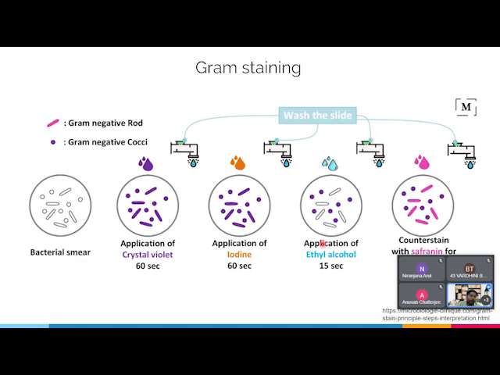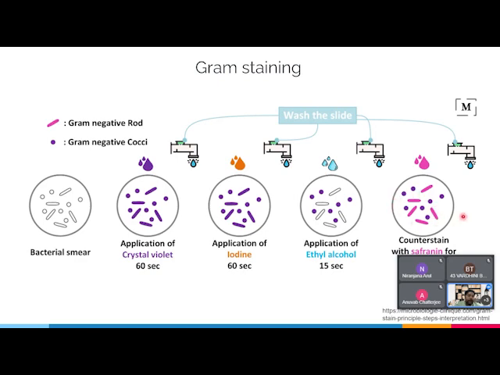So the gram negative bacteria become unstained, and then we wash the slide to wash off excess ethyl alcohol and add a counter stain, safranin, which then stains the uncolored gram negative bacteria with pink color.